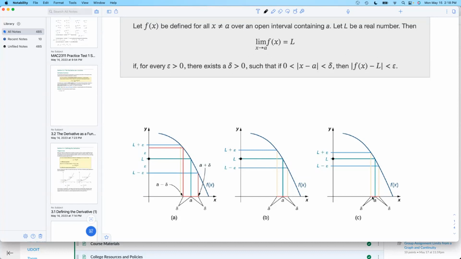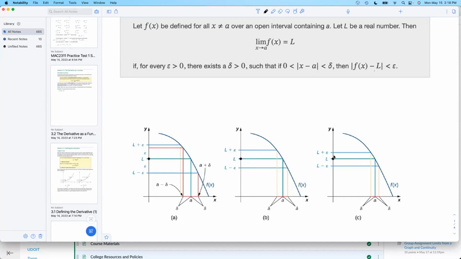I found a smaller delta. If I can always do that, no matter how small your epsilon is, if I can always find the delta so that the y values are within epsilon, as long as x is within delta, then I win the game.